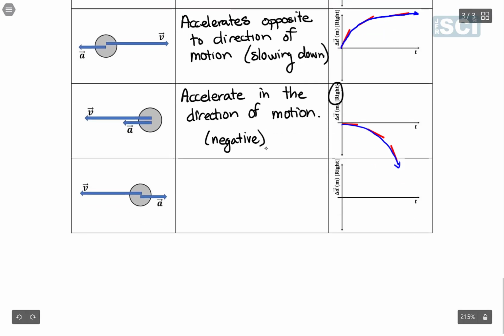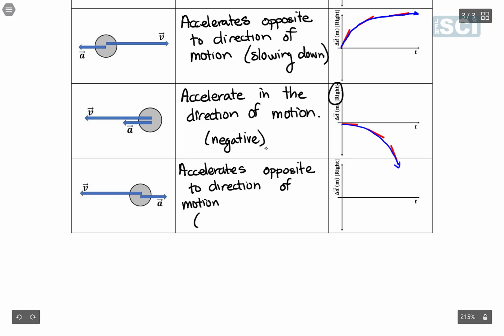Okay, so the last one here, I have that the velocity is negative and the acceleration is positive, which means that it accelerates opposite to the direction of motion.